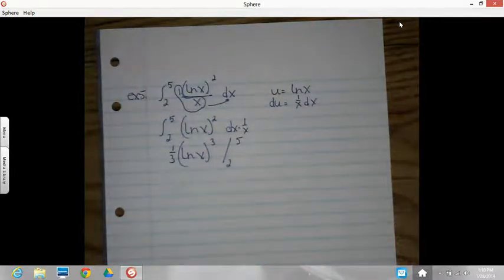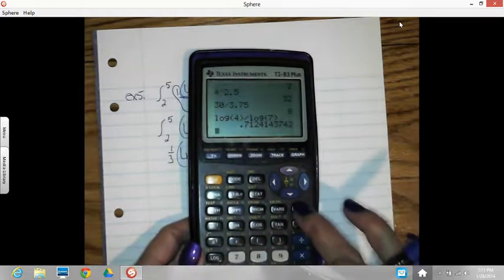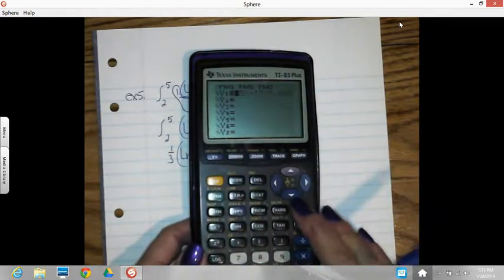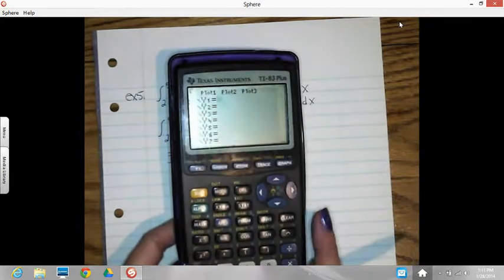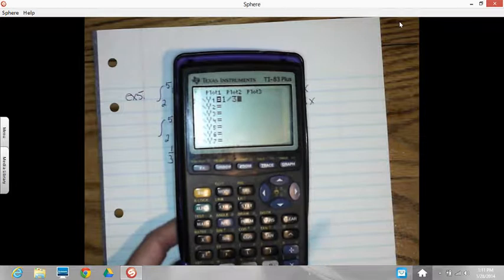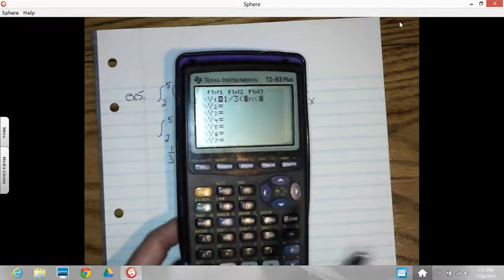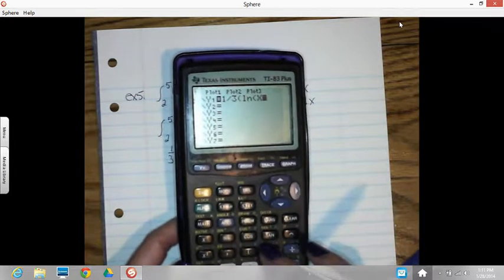You can pick up a calculator at this point. I guess I'll crank through it real quick. I'm going to use the y equals in the table because it's quicker. So I have, can you see, there we go, 1/3 and then it's natural log of x cubed.